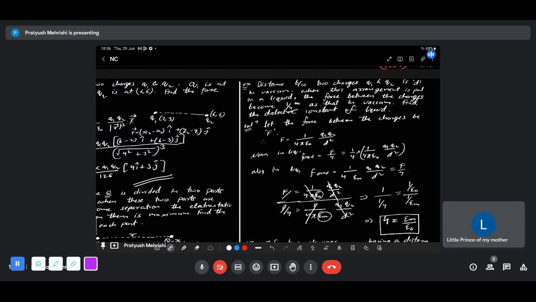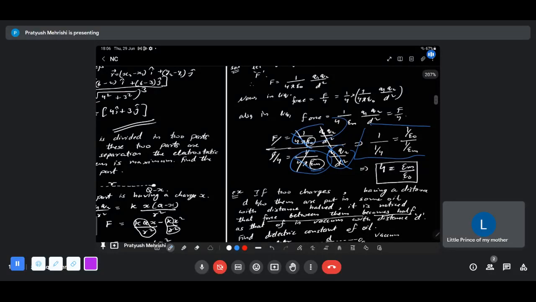So F upon 4 equals 1 upon 4 pi epsilon M Q1 Q2 by d square, and F equals 1 upon 4 pi epsilon naught Q1 Q2 by d square. The 4 pi and F cancel out, so epsilon M upon epsilon naught will be equal to 4.